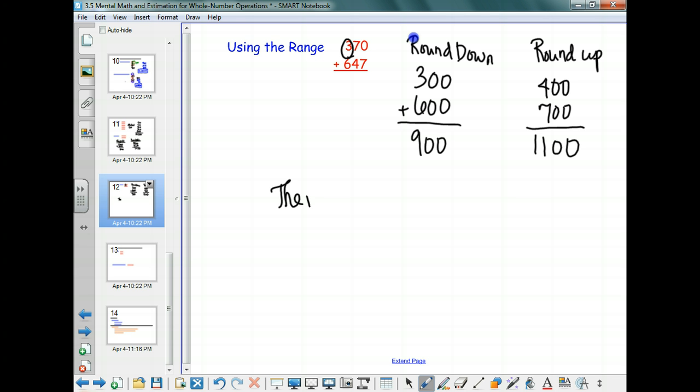The range, which means the place where the actual answer would be, is 900 to 1100. So I don't get one specific answer, I get a range or an interval where my answer would actually be.